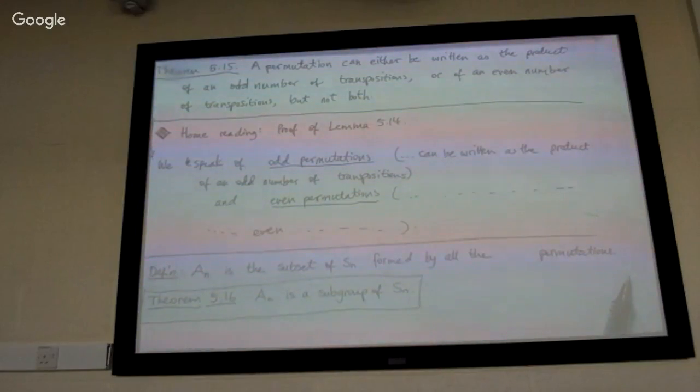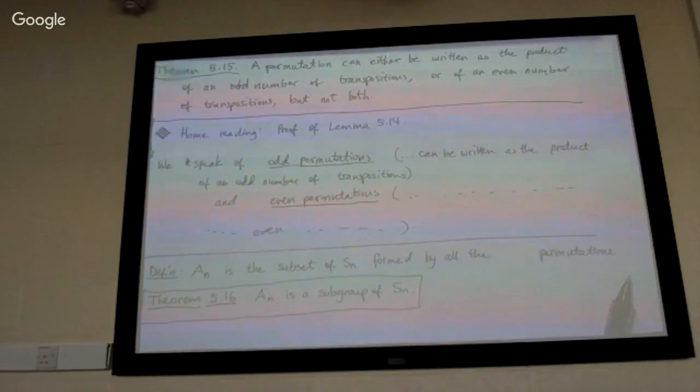Now you have enough information to fill in the blank. Why? That is a good reason. So it has to be even.